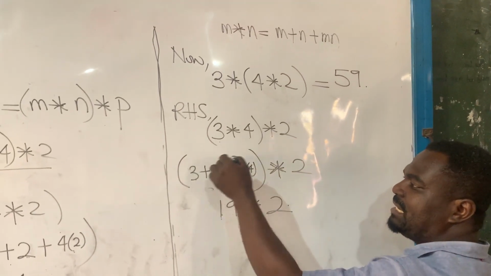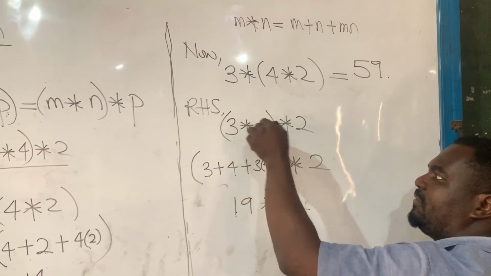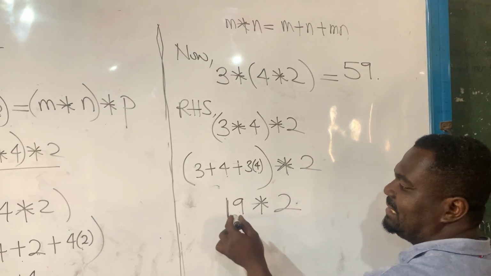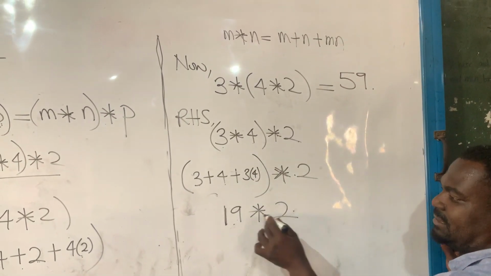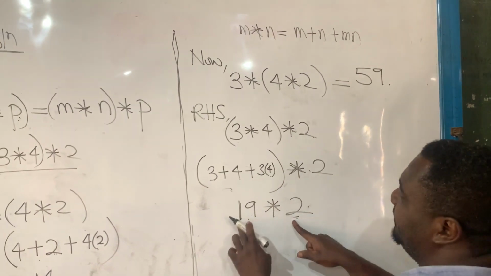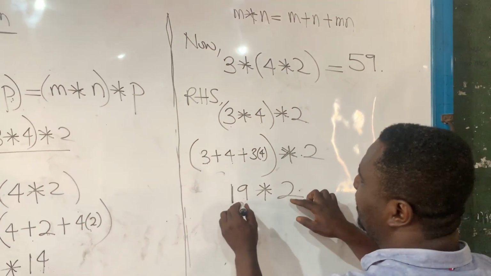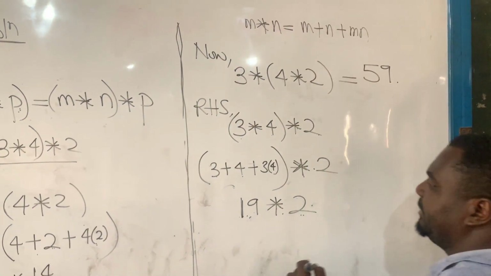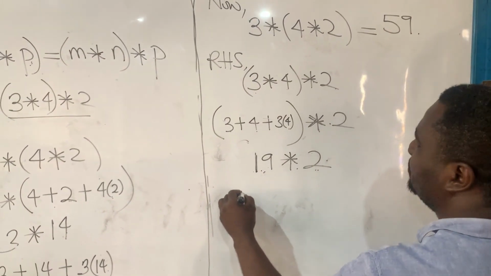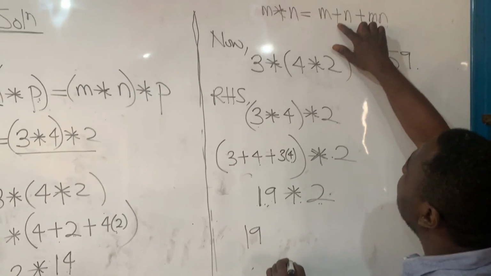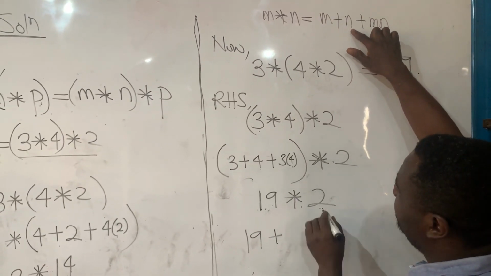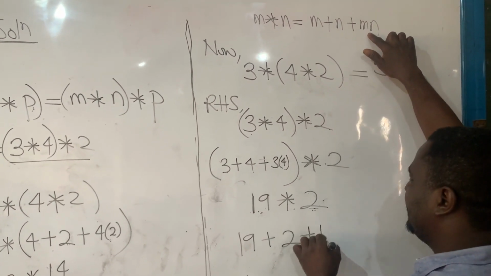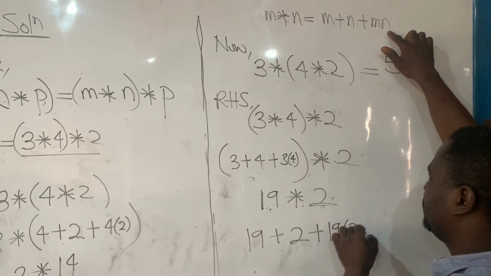The 19 is a result of everything inside the bracket. So I solved what is inside the bracket, evaluated, and had everything here as 19 star what is outside the bracket. So it has formed another binary. So from here, we are going to substitute 19 and 2 into the equation. So watch it. It's going to be 19 plus, and your n is 2 here, 2 plus 19 times 2.